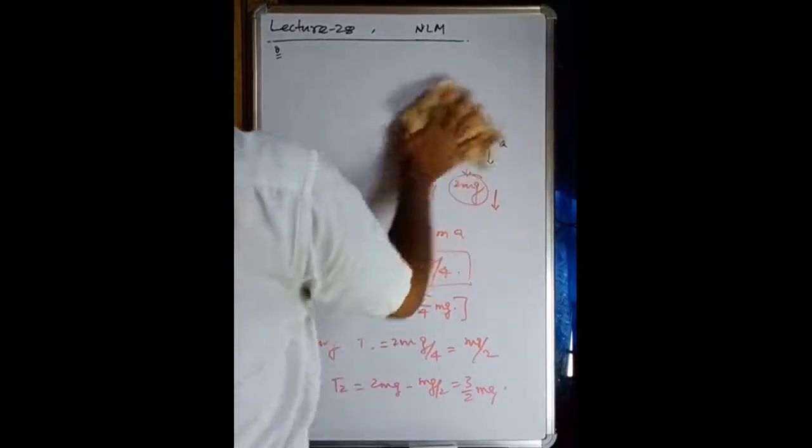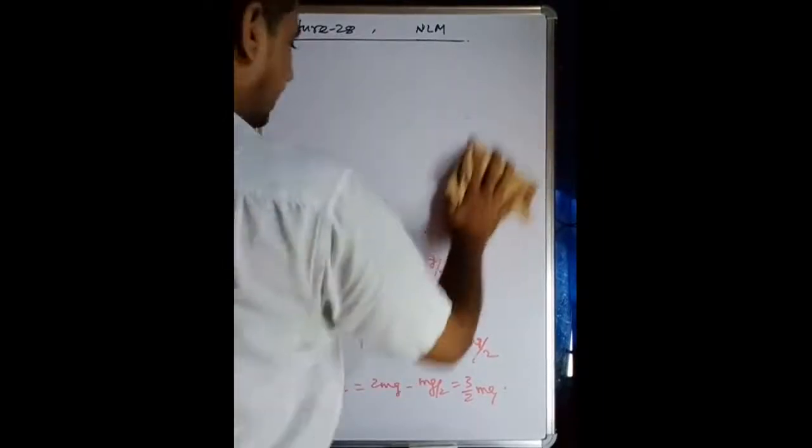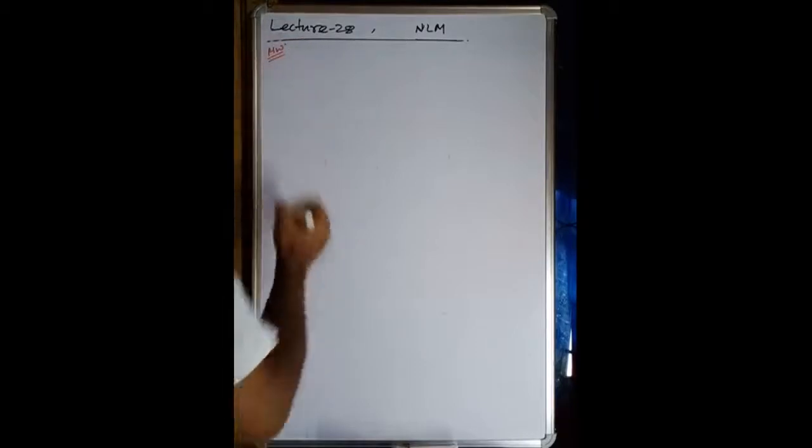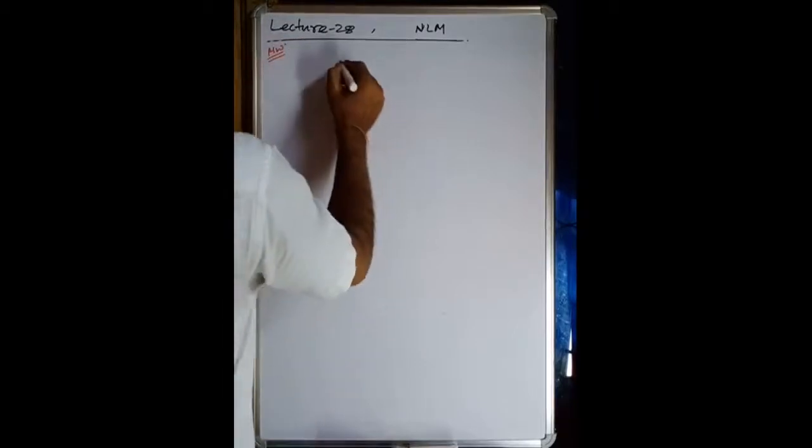Okay, last question, my dear students, I'm going to solve. After that I'll give you the questions, and then I will solve the question for the relative acceleration. Here is the homework, and after that one more question I will solve.